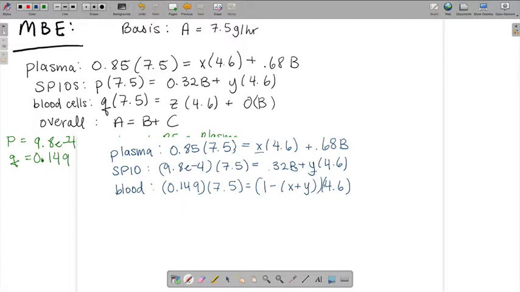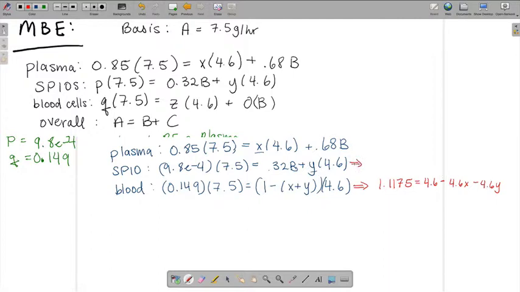And then 0.149 times 7.5 is equal to 1.1175, which is equal to 4.6 minus 4.6x minus 4.6y.